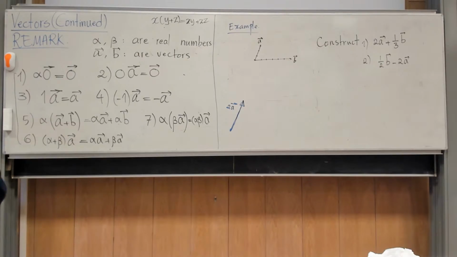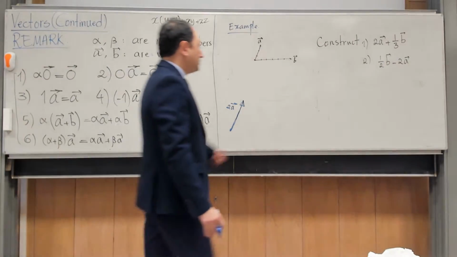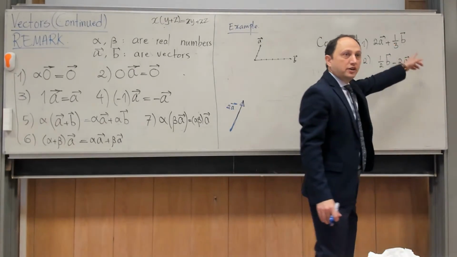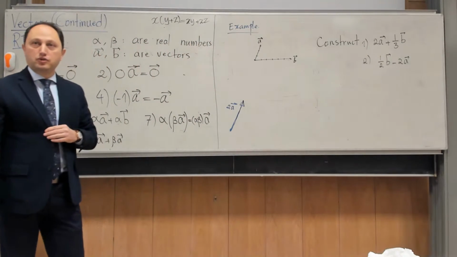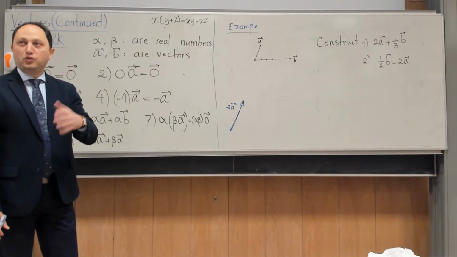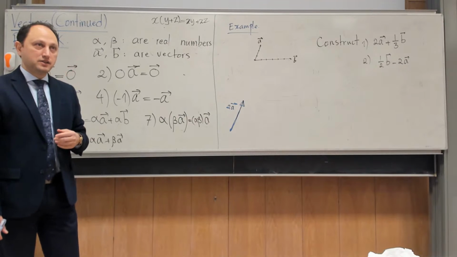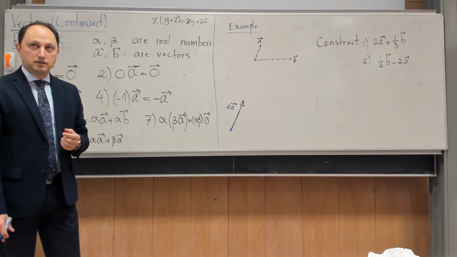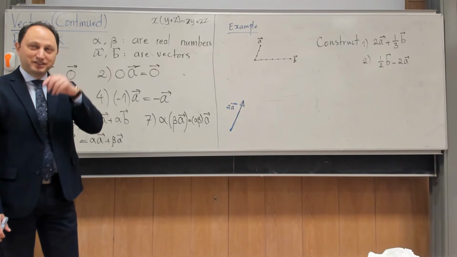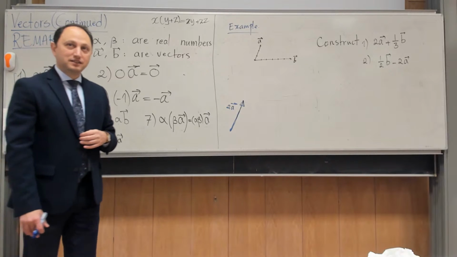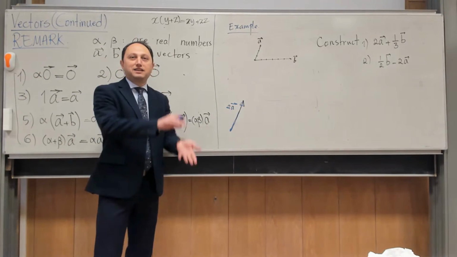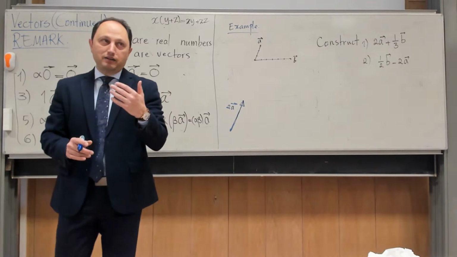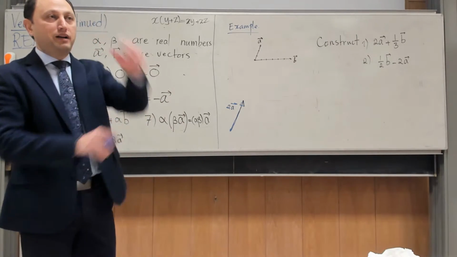Then I need to draw 1/3 of b. Where do you want to start to draw it, so that you don't need to do it over 2 times? It is better to start from the tip of 2a. Of course, you can start from elsewhere, but then at the end you need to use the parallelogram law or parallel transport.